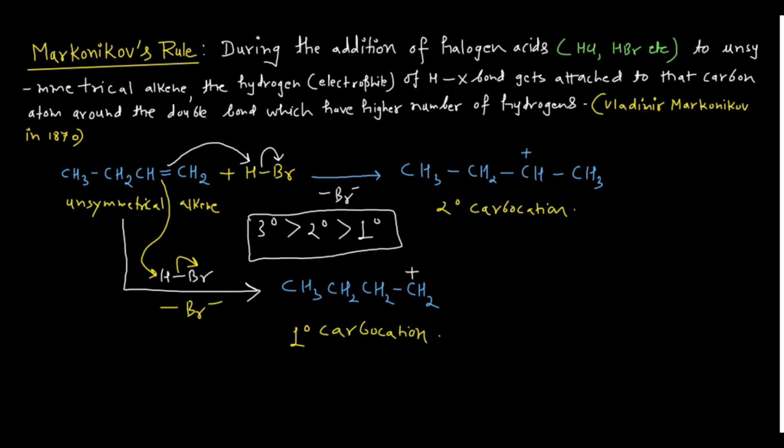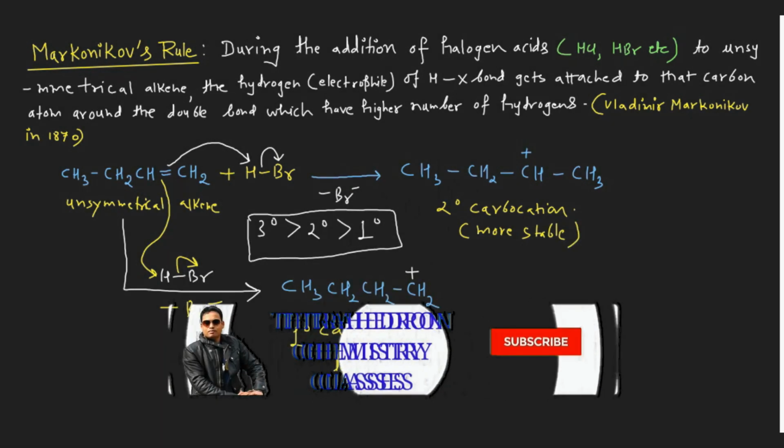So now if you compare the stability of secondary carbocation and primary carbocation, this one is the more stable one. I can write here, it is more stable. So what will happen if it is more stable? Its half-life would be very, very high. This would be less stable.